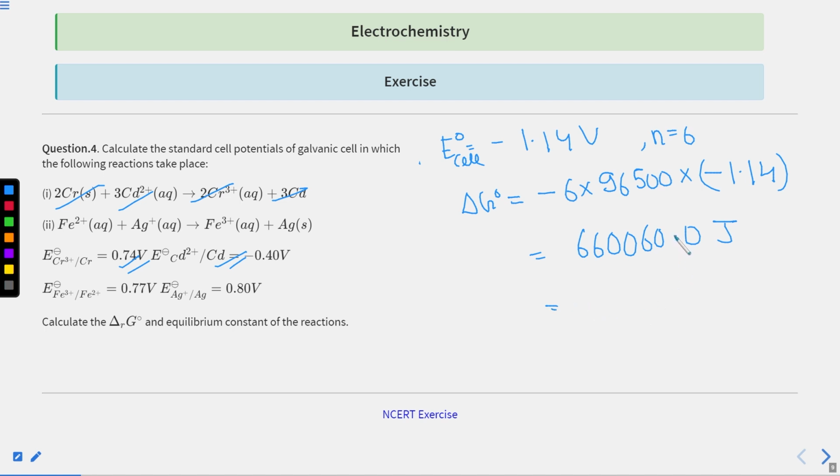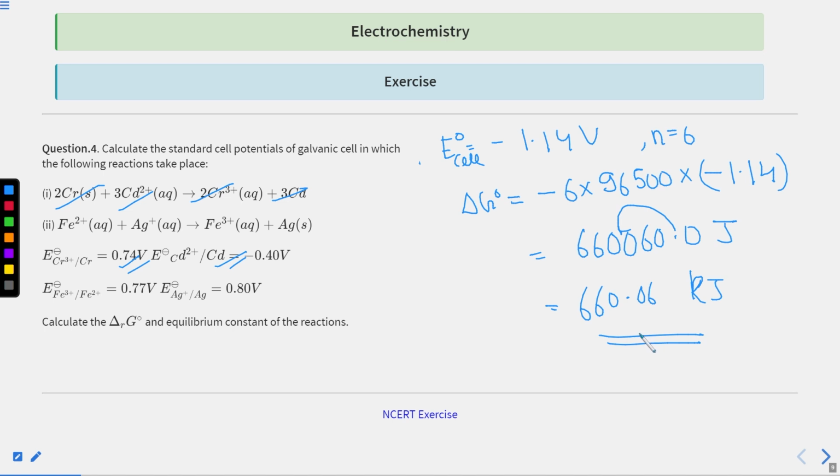To write it in kilojoule, we have to move this point here. That will give you a value of 660.06 kilojoule. Is it clear? We have solved it very efficiently, right? We've seen each and every step. So the first one, we got it as 660.06.